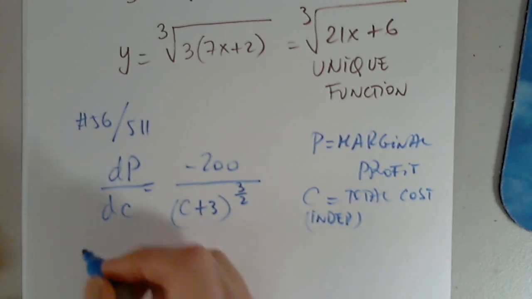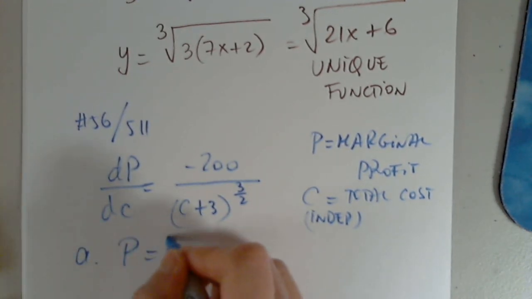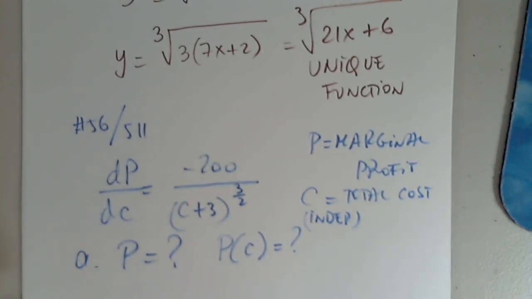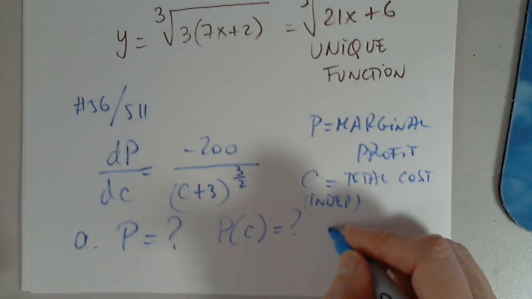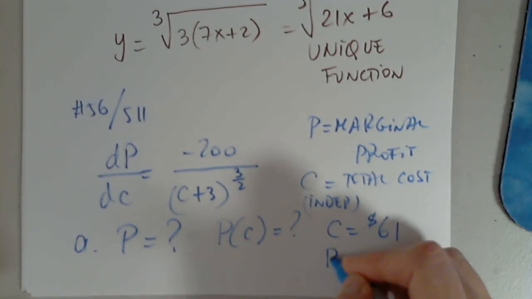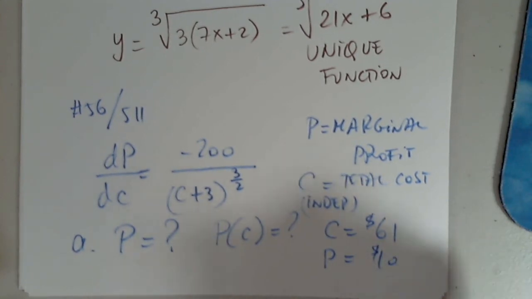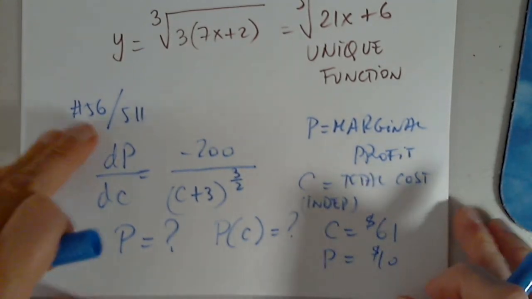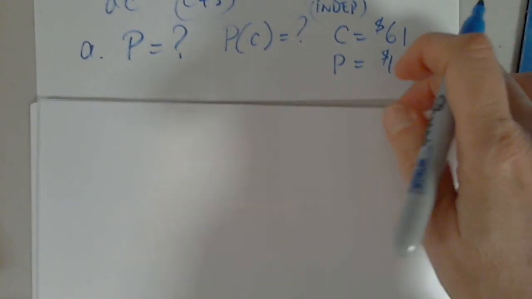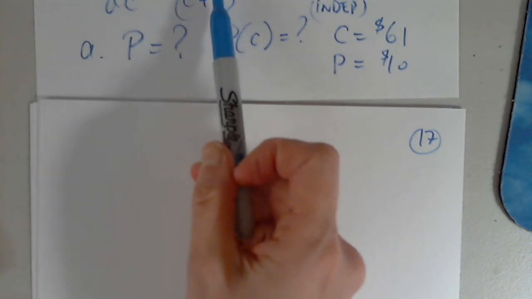Find the profit function, part A. Find the profit function, P of C, if we know that when C is 61, P is 10. Okay? So let's find that. Separate.